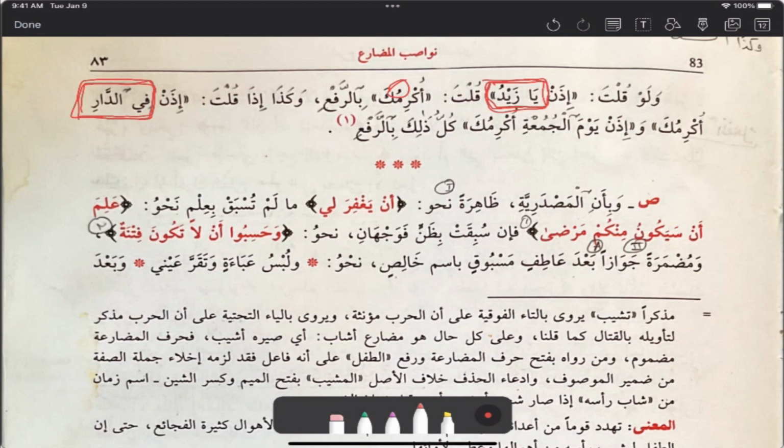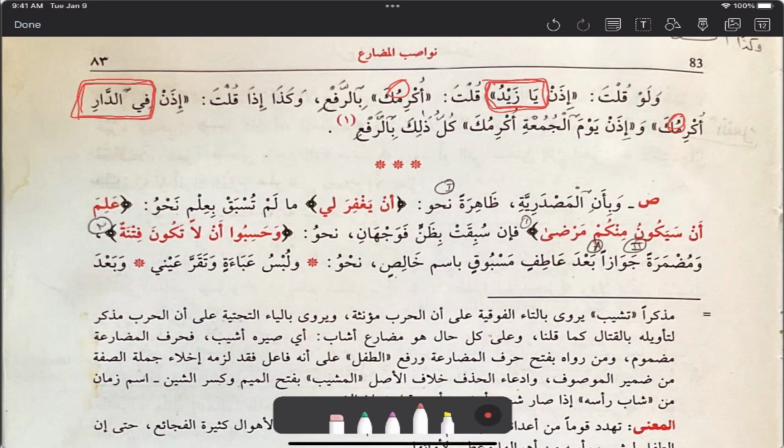But in this case, since it came between idhan and the verb, and it's not a swear, although it is something that can move around in the sentence like a swear, idhan lost its power, and then you say ukrimuk, the dhamma in the state of rafa.